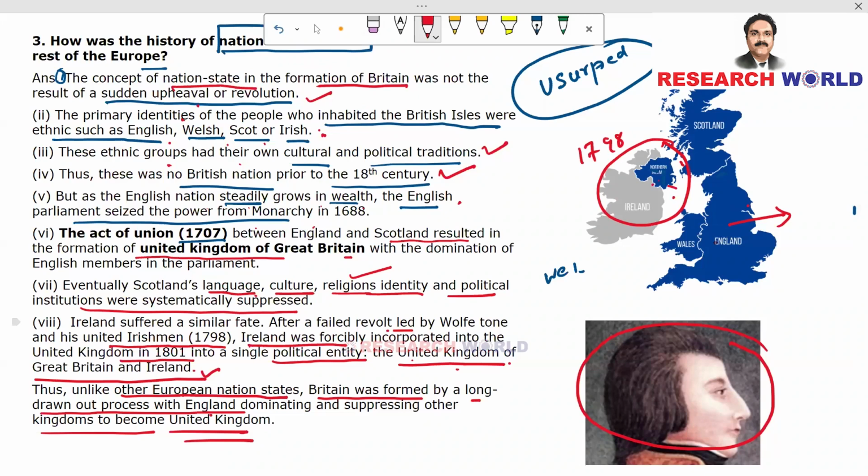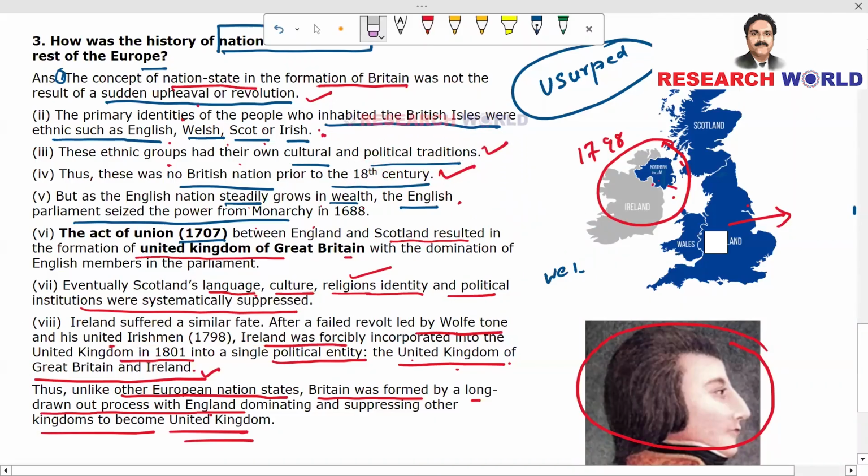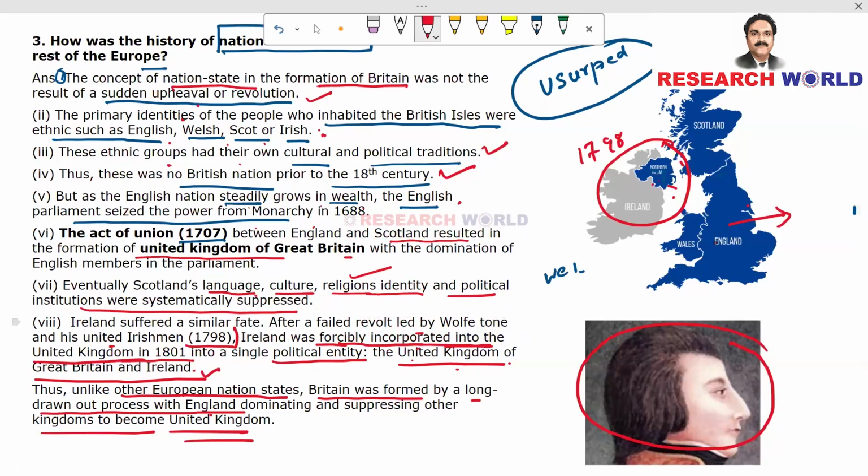What? Ireland suffered a similar fate after a failed revolt led by Wolfe Tone and his United Irishmen in 1798. Ireland was forcibly incorporated into the United Kingdom in 1801 into a single political entity, that is the United Kingdom of Great Britain and Ireland, because Ireland was now annexed.